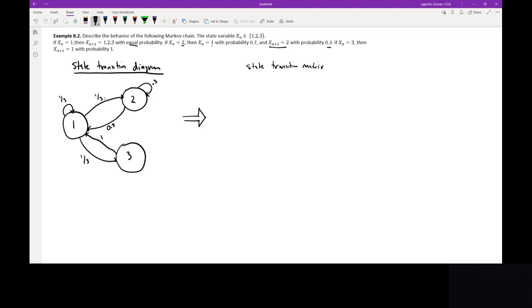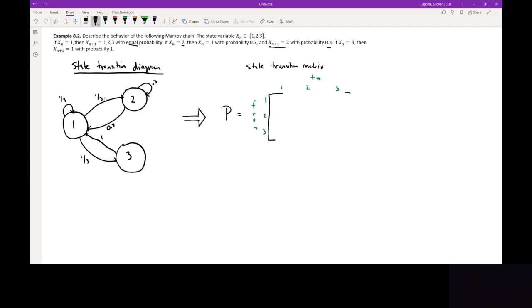The letter that we generally use to denote that is P. And if you let the rows be the from, like we said above, I'm going to make this into a matrix because we said it was going to be a matrix. And we let the states above be the to: state 1, state 2, state 3.